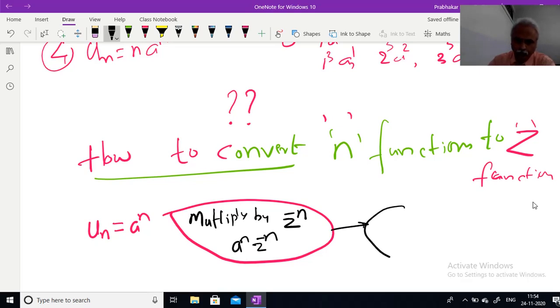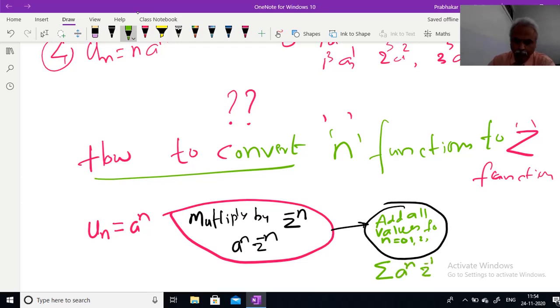Next is to add all values for n equal to 0, 1, 2, 3. That is, you take the summation of all such values for n equal to 0, 1, 2, 3. So here we have a small assumption. This un becomes 0 for n less than 0, n equal to minus 1, minus 2, minus 3.